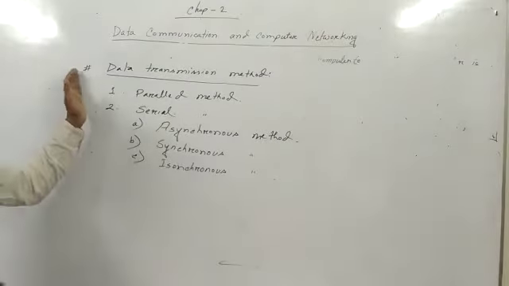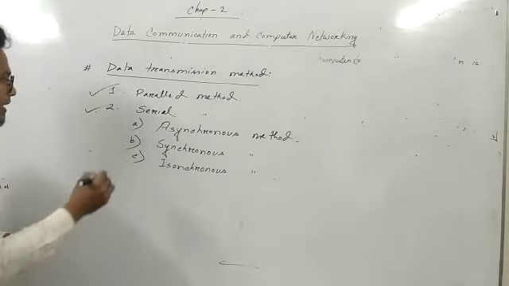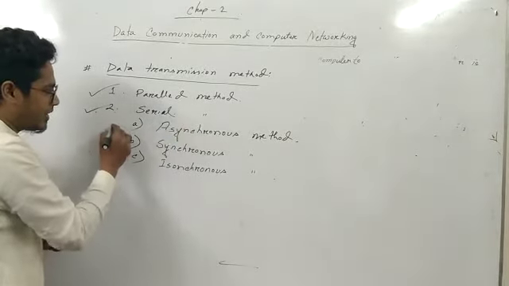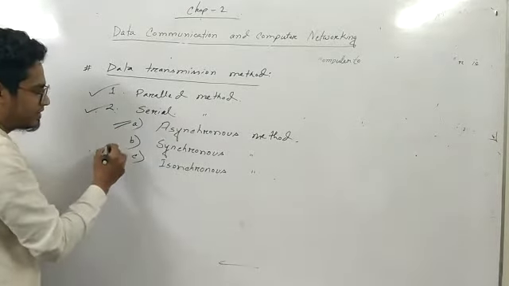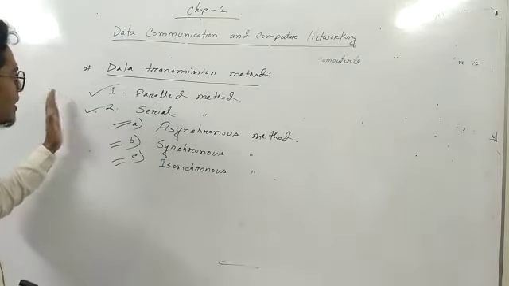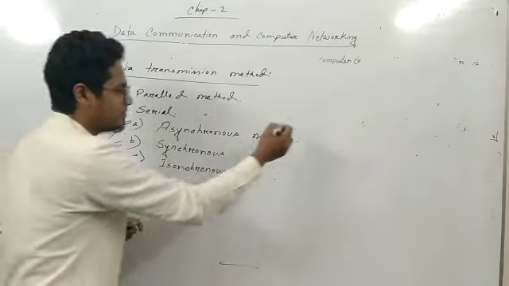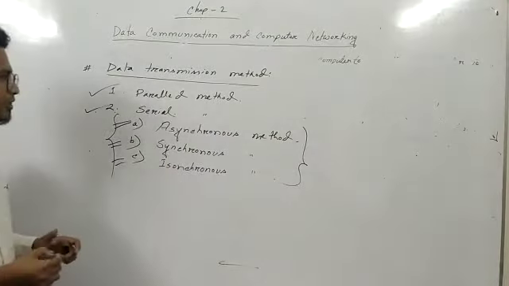So the data transmission method is of two types, parallel and serial, and the serial data transmission method is of three kinds: asynchronous, synchronous, and isochronous. We are going to learn about these three.